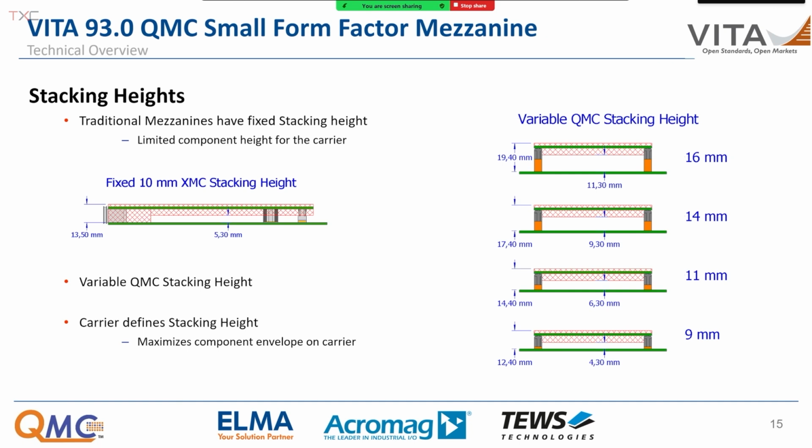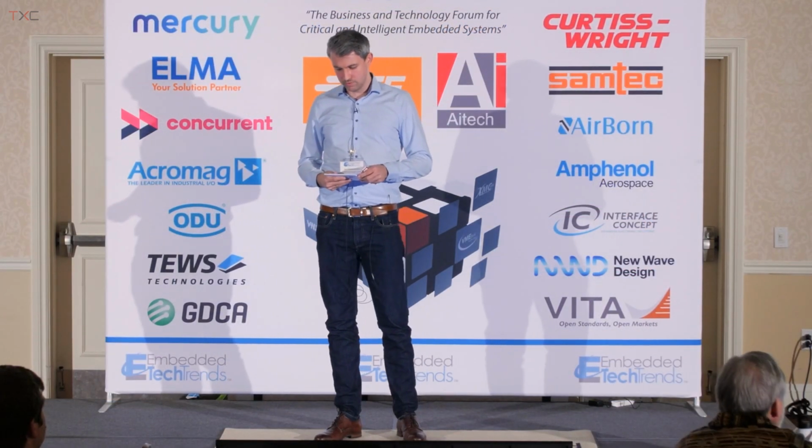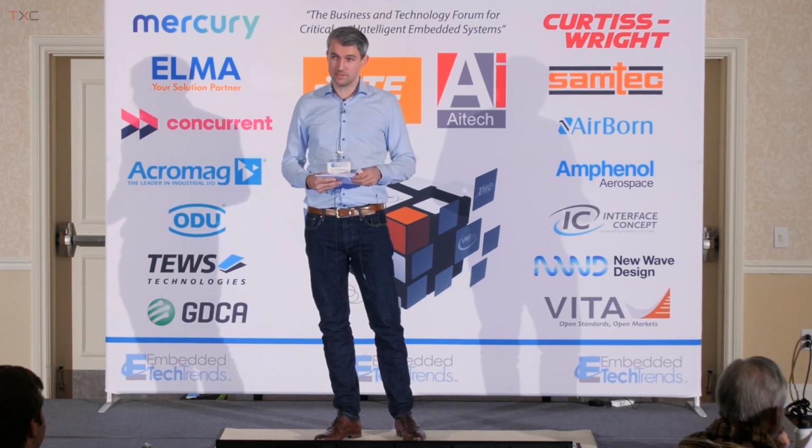That's why QMC comes with a variable stacking height of 9, 11, 14, and 16 millimeters. The variable stacking height maximizes the component envelope of the carrier, for example, for CPUs or single board computers, resulting in additional space on the carrier.